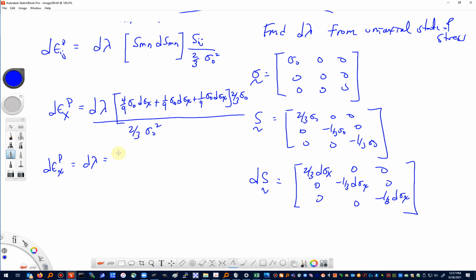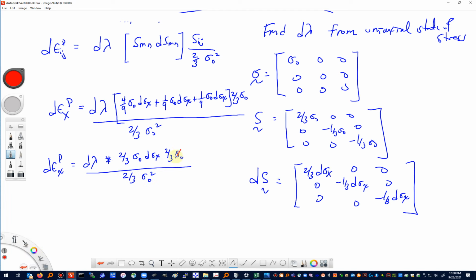divided by 3, that's 2/3 sigma naught d sigma x times 2/3 sigma naught, and we're dividing it by 2/3 sigma naught squared.